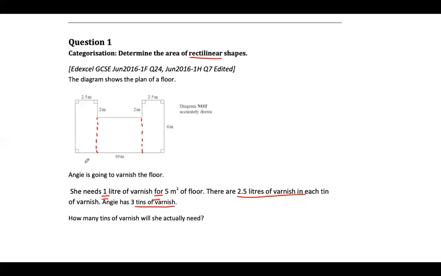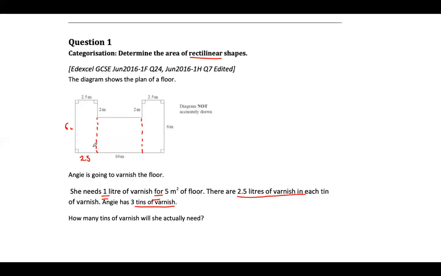Now let's label all the sides of each of the 3 shapes that I have created. This side is 6, so this side here is going to be 6 as well, because they're parallel and equal. And if this is 2.5 meters, then this one here is going to be 2.5 meters, parallel sides in a rectangle.